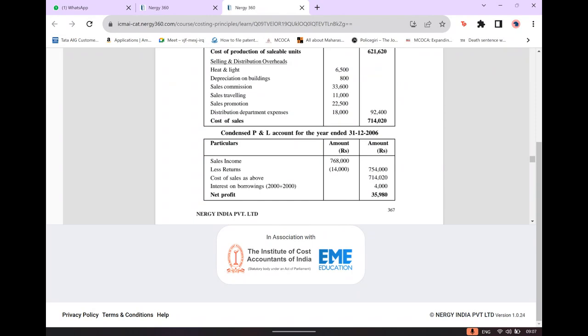But when you prepare a P&L account, it is a part of the P&L account. So you will take 2,000 plus the accrued cost of 2,000. So 4,000 will be the total cost of the borrowing. And then you subtract the cost from your sales, you arrive at the net profit of 35,980.